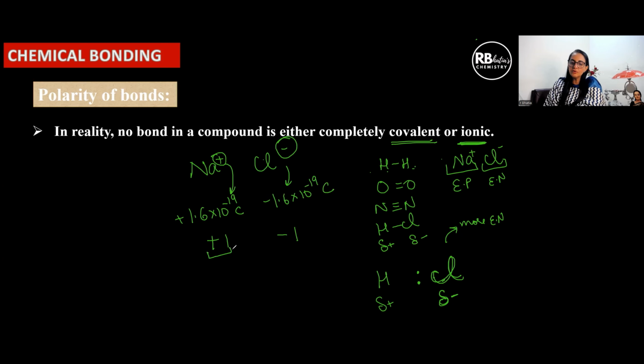We call these a unit positive and a unit negative charge. But a partial charge, delta plus, means a charge less than minus or plus 1.6 into 10 to the power minus 19 coulomb. This is partial charge. Partial charge is observed in polar covalent bonds, and complete charge is observed in ionic compounds.